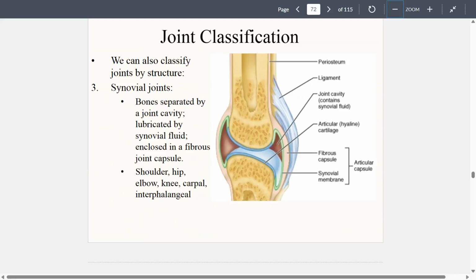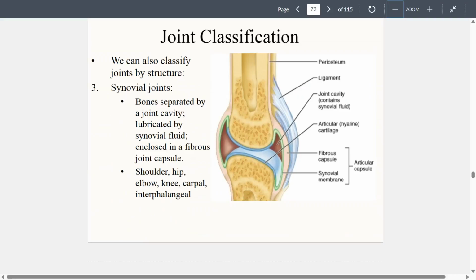We also have a joint type known as a synovial joint. Now, a synovial joint is your classic joint. It is where two bones meet, but there's a little bit of a space separating them. In this space, you're going to have cartilage on each end of the bone, and you're going to have fluid, usually in the form of synovial fluid.